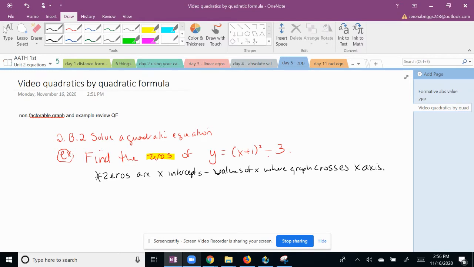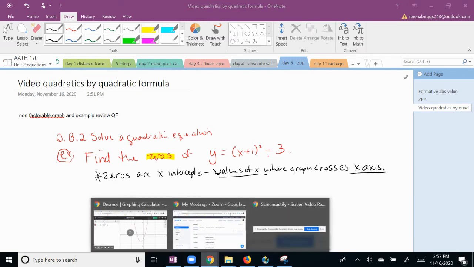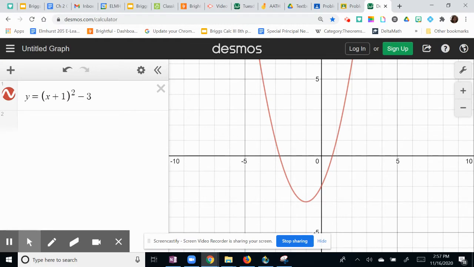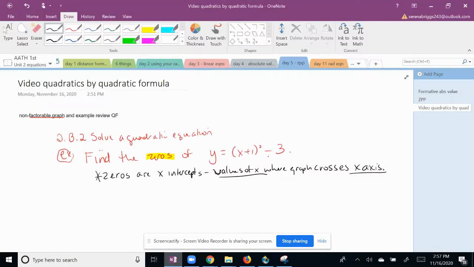All right, I have a couple choices. If I have all the technology at my disposal, I could graph it and see the values of x where this function crosses the x-axis. I graphed it in Desmos, and I can see these two spots: negative 2.732 and 0.732.